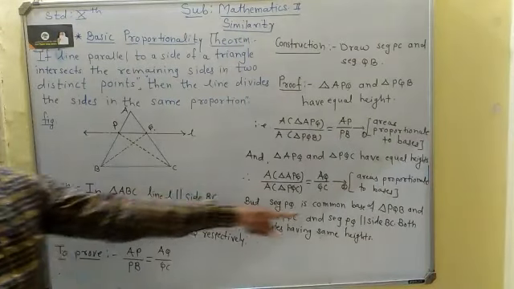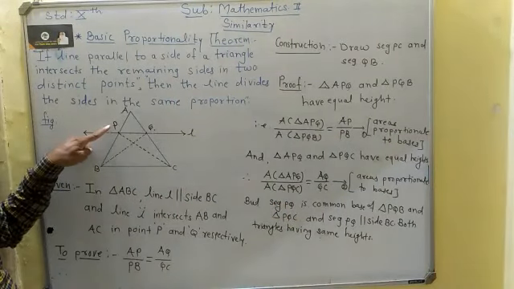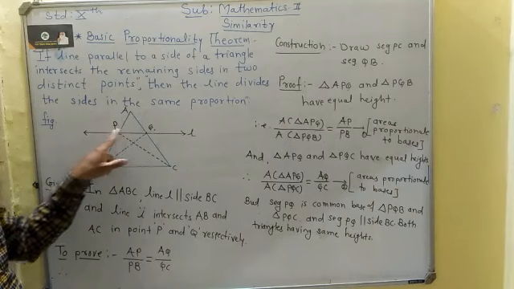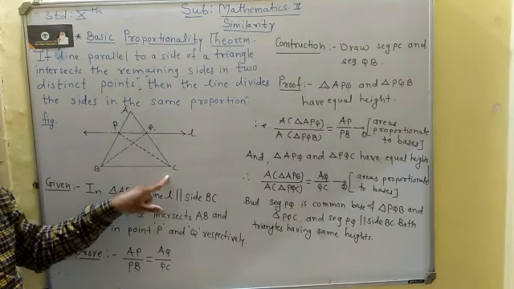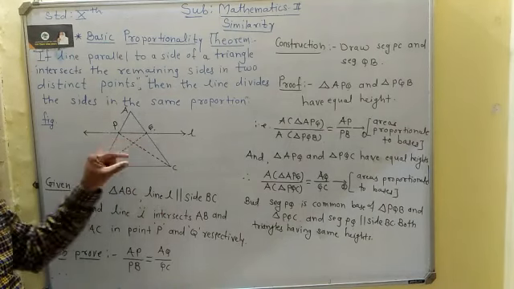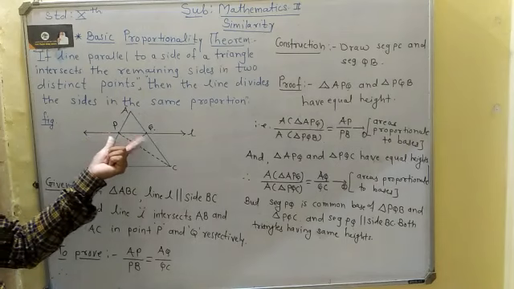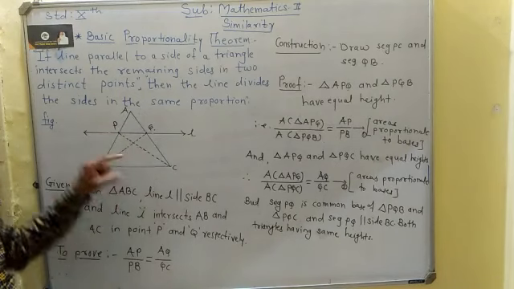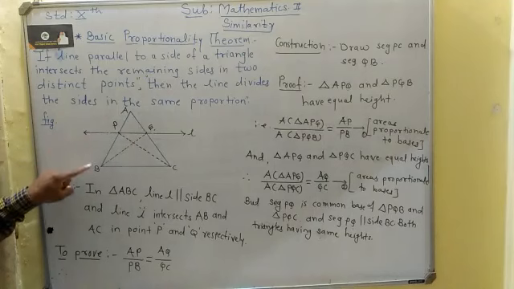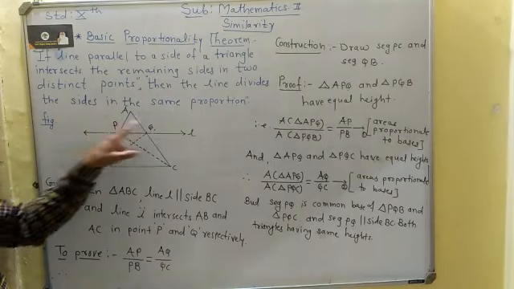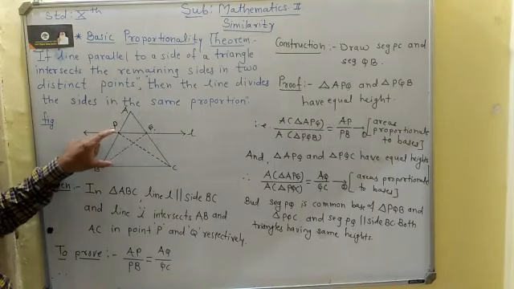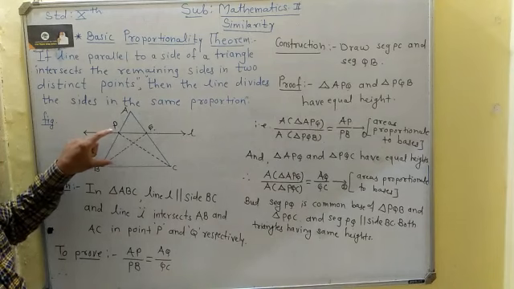Segment PQ is a common base of triangle PQB and triangle PQC, and both triangles lie between parallel lines. That means PQ is parallel to BC. That means both triangle PQB and triangle PQC have the same heights.